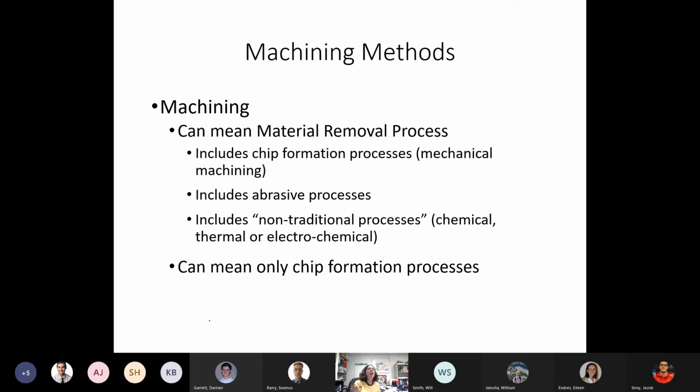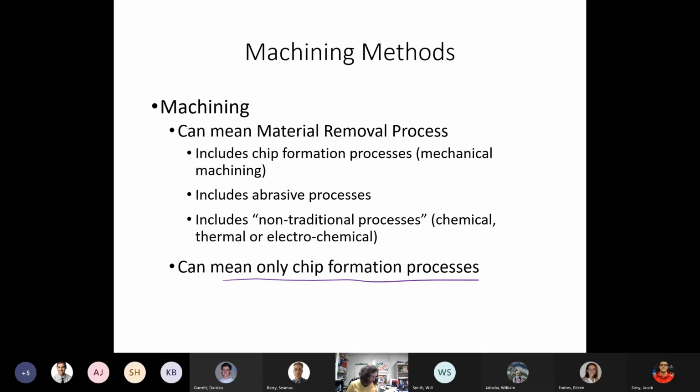In some worlds, machining is only a chip formation process. That's where we classically talk about machining, where you have tools and lathes and drills and machining centers and milling and that type of thing. We will start with the chip formation process, but in other ways, machining means material removal processes.